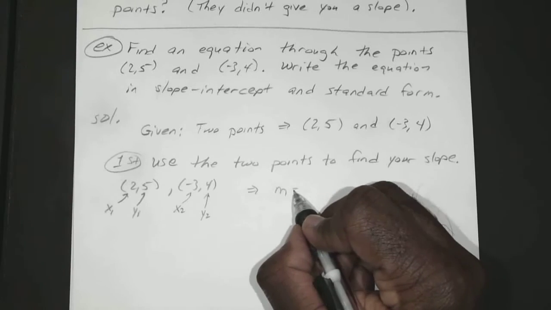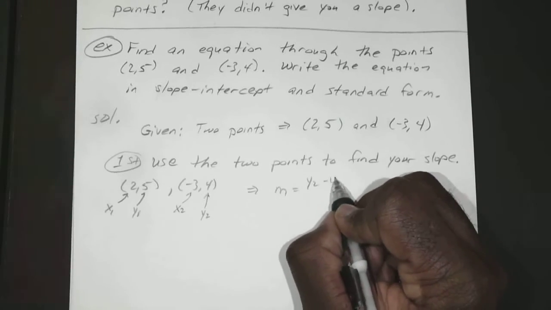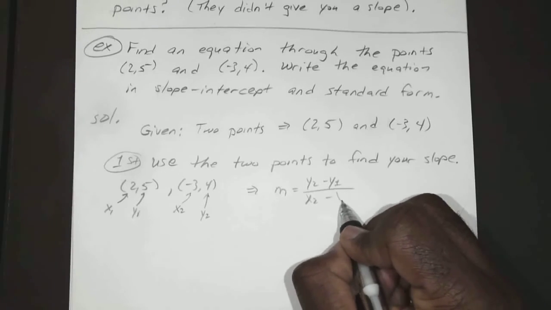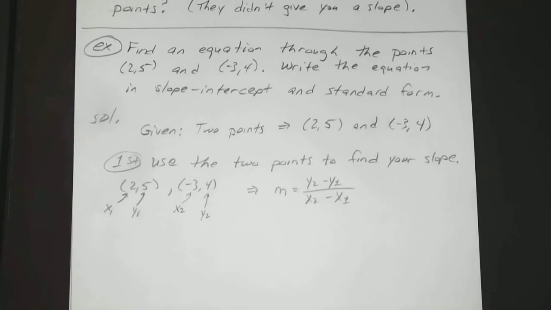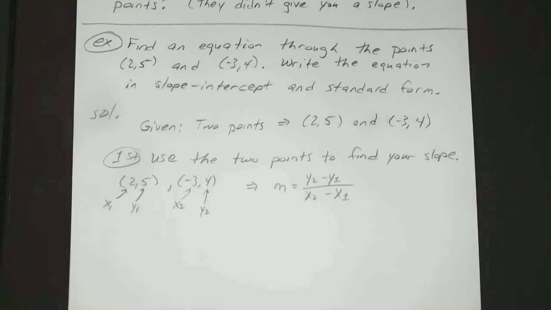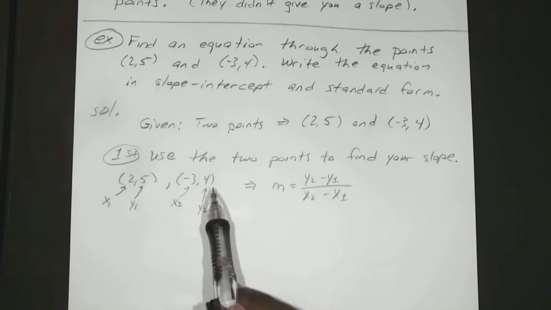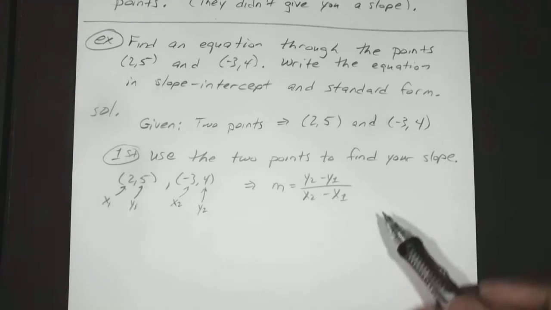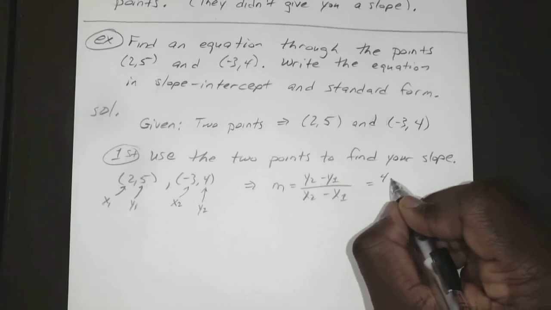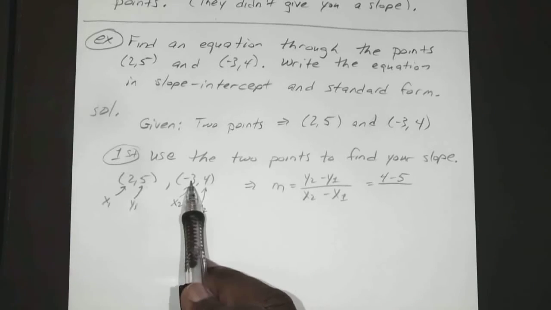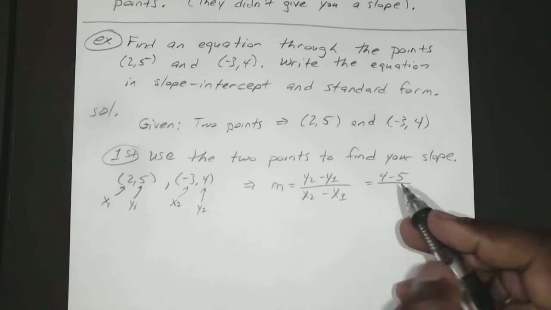So we know that slope is equal to y2 minus y1 over x2 minus x1. So if we just go ahead and plug everything in, our y2 minus y1 is 4 minus 5. And our x2 minus x1 is negative 3 minus 2.